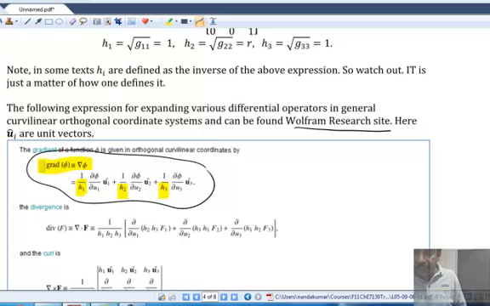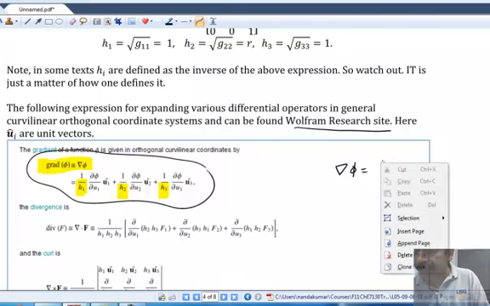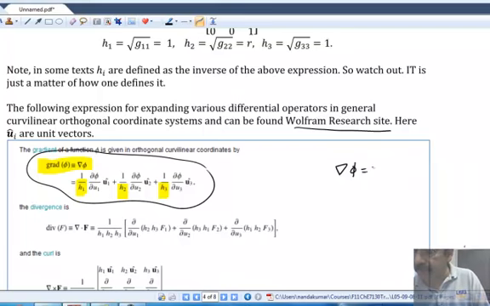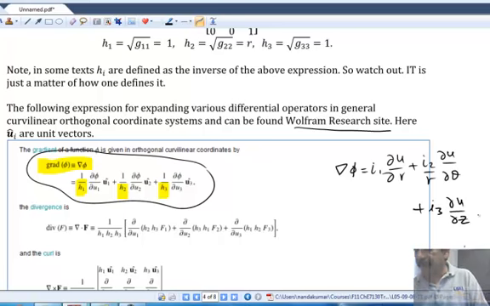For example, in the cylindrical coordinate system, if you expand the gradient of a function, it will be simply i1 times du dr plus i2 times du d theta, but you'll have a 1 over r term, plus i3 times du dz.